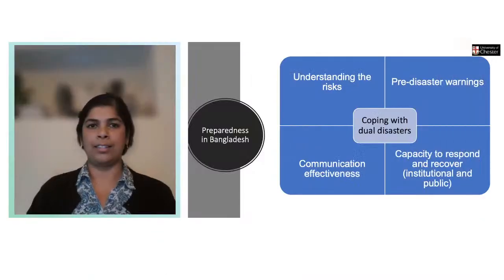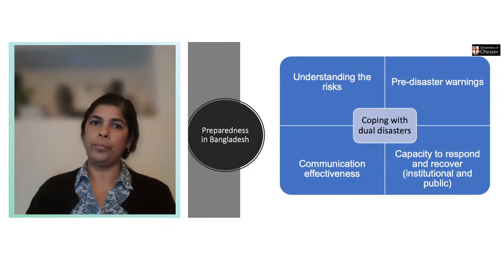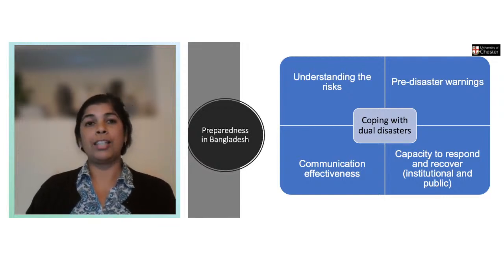These are key contributory factors to human vulnerability, and they help people to anticipate or cope, or you can say they help them to resist and recover from the impact of any hazard. If there is a strong capacity to respond, people will recover faster. They will have better ability to cope. So for me, understanding the capacity to respond is one of the key aspects of disaster preparedness.